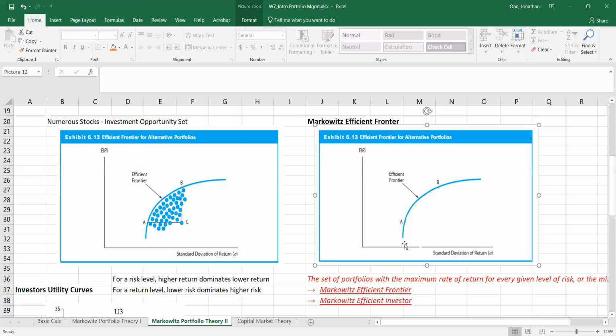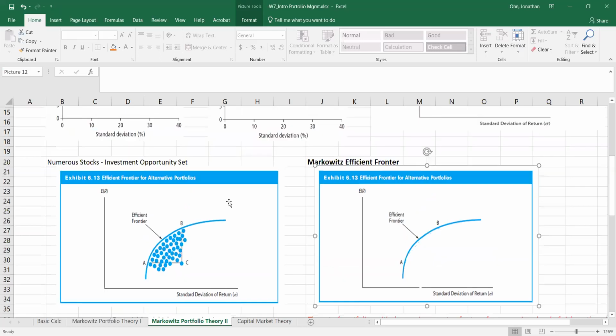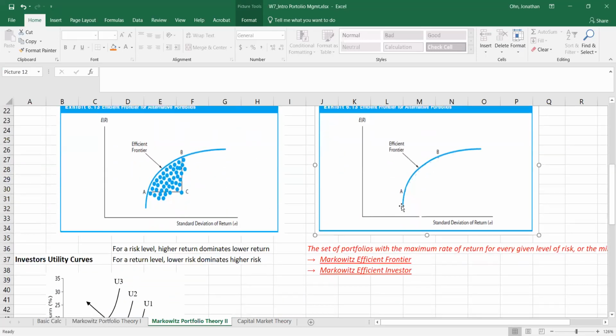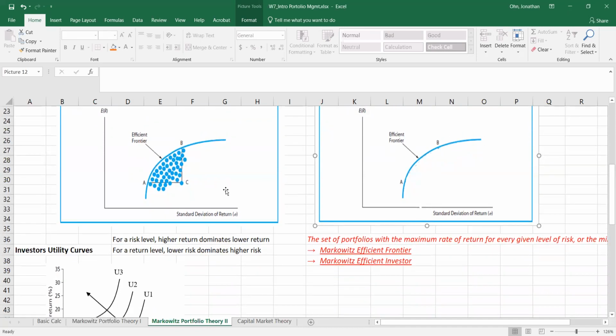Okay, so based on this step, our final outcome is the Markowitz efficient frontier, which includes the group of most dominant investment options. Right? So that's the outcome for the first step.